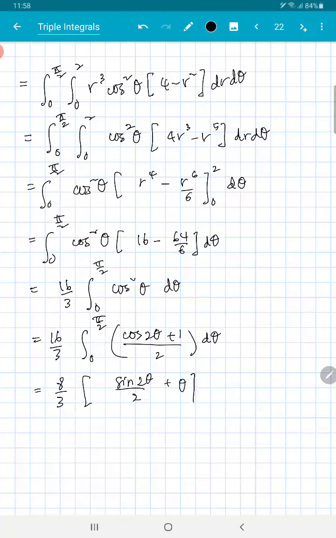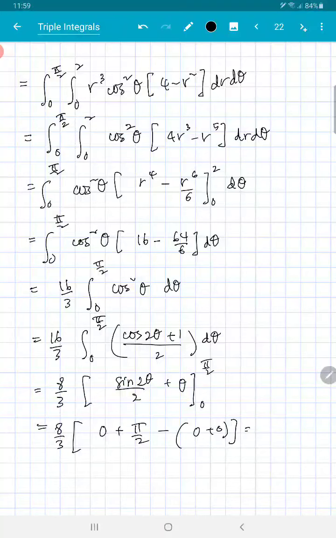Integrate 1, we get theta. And then replace theta with upper and lower limits. Replacing theta with pi over 2, we get sine pi, which is 0. And then minus the lower limit, sine 0 is 0. So we get pi over 2 there. So that will give us 4 pi over 3.